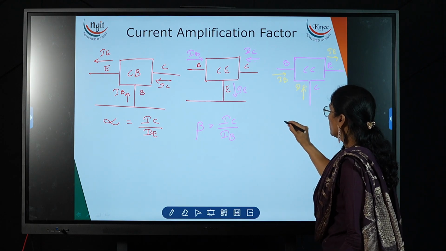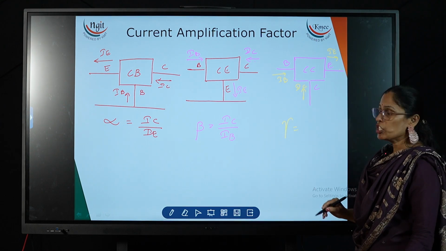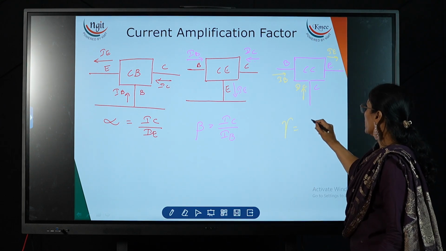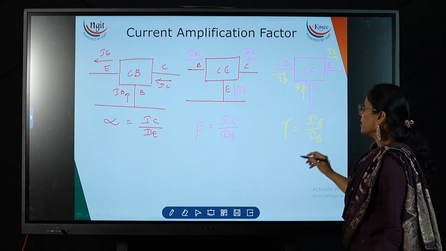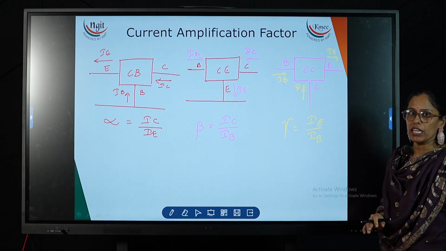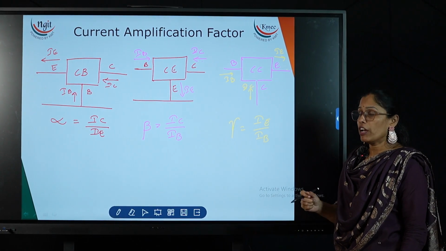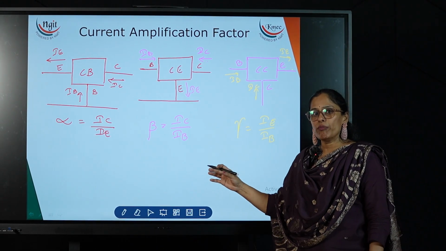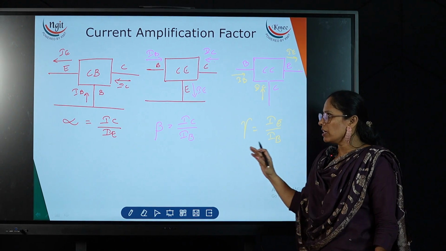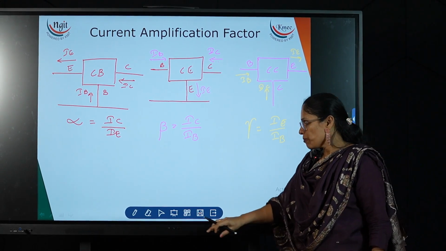Here the current amplification factor is denoted by gamma. Gamma is equal to the output current IE divided by IB. These are the three current amplification factors in the three different configurations. Now we have to derive the relation between alpha, beta, and gamma.